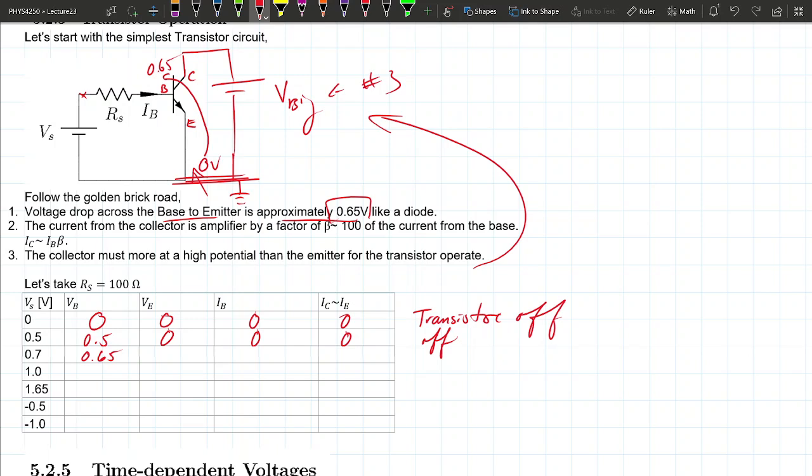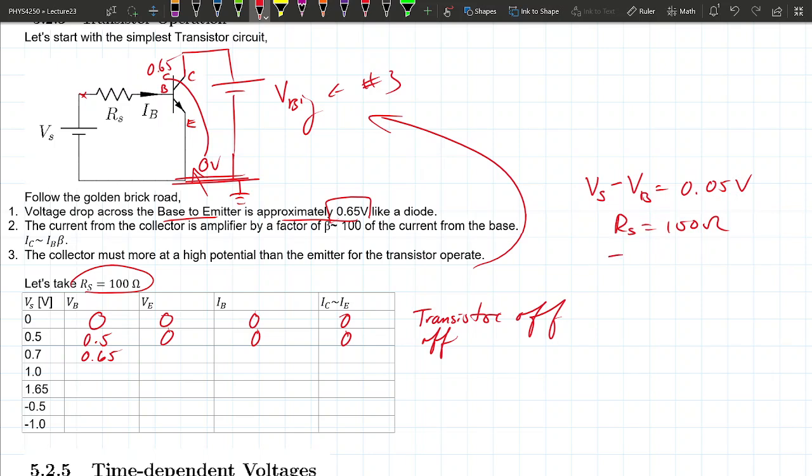Now there's a voltage difference between the source and the base, right? V from the source minus V at the base has to be how much? 0.05 volts, right? Let's use a resistor value of 100 ohms.